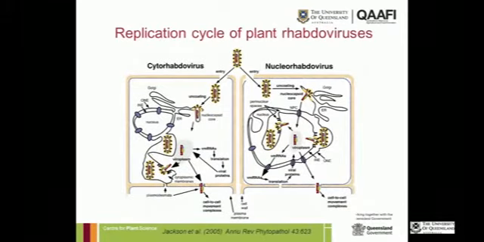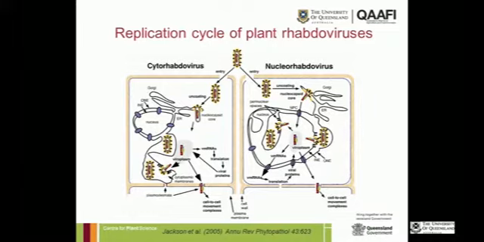And this obviously causes quite significant differences between these two types of plant Rhabdoviruses. I should mention that most plant viruses and most viruses seem to replicate in the cytoplasm of infected cells and not in the nucleus. This is the only group of Rhabdoviruses that replicates in the nucleus. All other Rhabdoviruses are cytoplasmic.